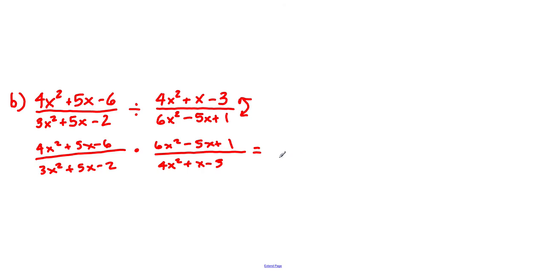So here we go. I know that when I factor 4x squared plus 5x minus 6, I'm going to end up with 4x minus 3 times the quantity of x plus 2. My denominator, 3x squared plus 5x minus 2, I know I'm going to have at least 3x and x if it's going to factor.